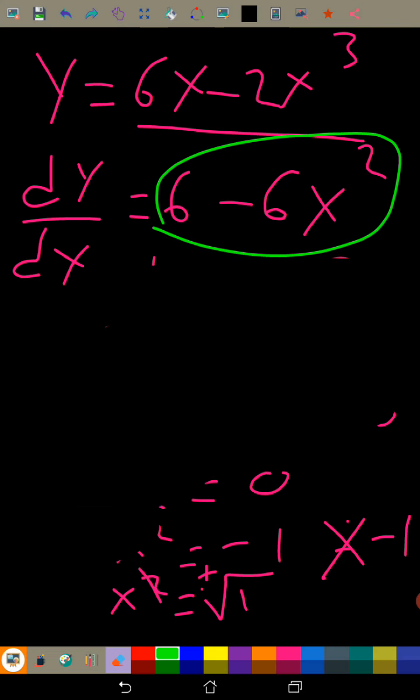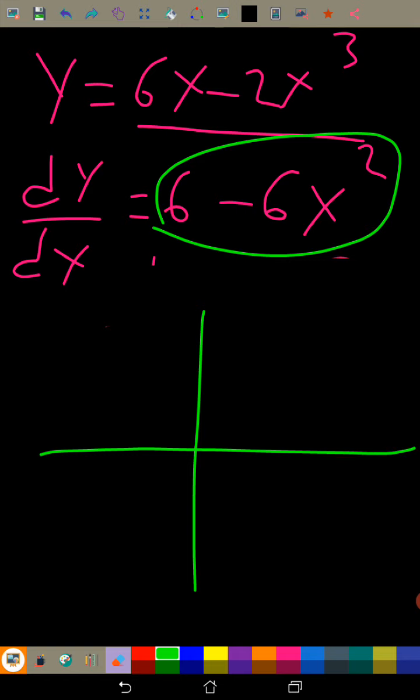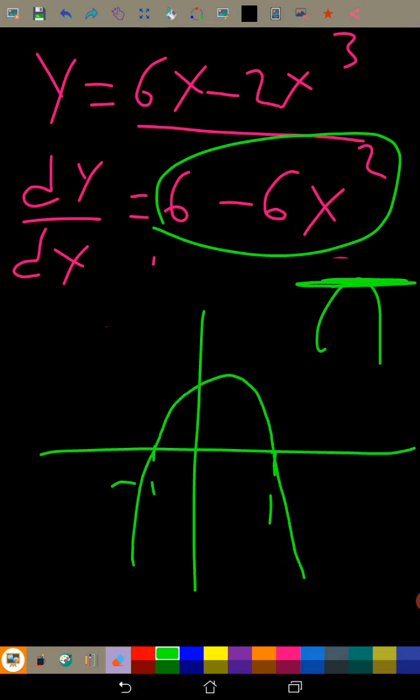So I can erase this because we know that it's plus 1 and minus 1. So we have this, we have minus 1, 1. And since it's negative, we know that it's going to be an n shape with a maxima. So I would say it's like that.